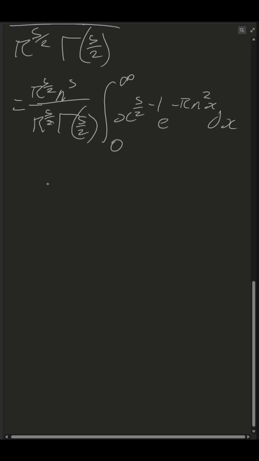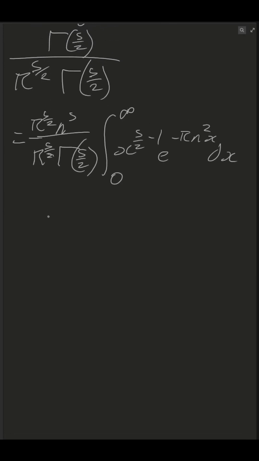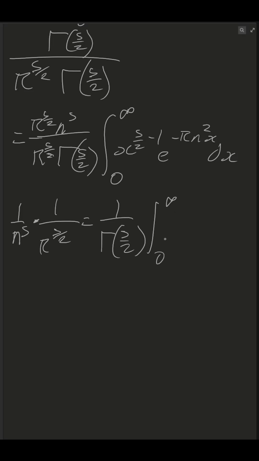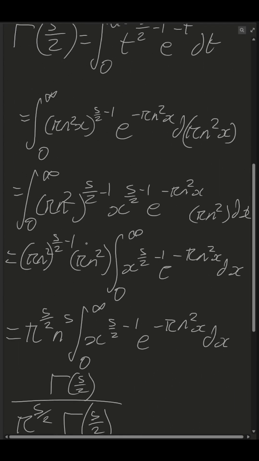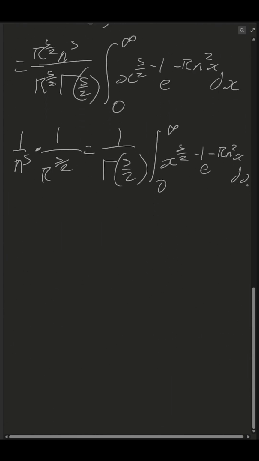Now, if we do some algebraic manipulation, you can see that 1 over n to the s, times 1 over pi to the s over 2, is equal to 1 over the gamma function of s over 2, integral 0 to infinity of x to the s over 2 minus 1 e to the minus pi n squared x dx.